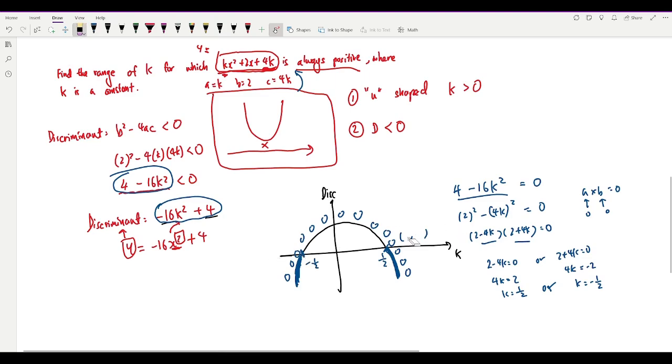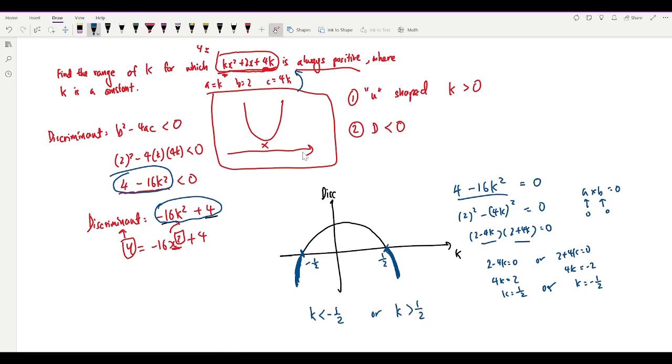So how do we describe the range of k where my discriminant is negative? That would be, remember the sunrise and sunset analogy. The discriminant will be negative when k is less than negative half or k is more than half. All right.